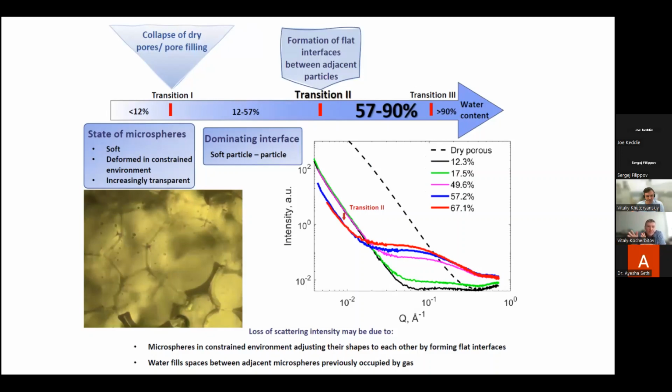Instead, they form interfaces between the particles, and you can see it here. It looks more or less like a foam structure, right? So we form flat interfaces between the distorted particles.